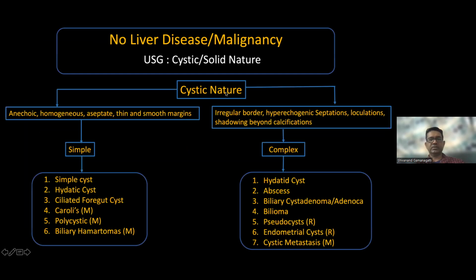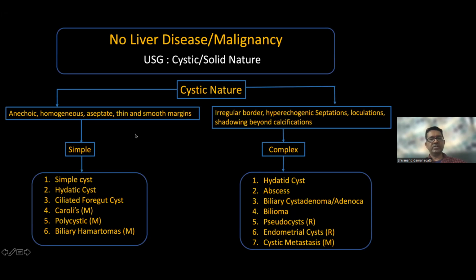Now, one by one, if the patient does not have any liver disease or underlying malignancy, ultrasound helps to narrow down further into cystic and solid. If it is cystic, you have to classify it into simple or complex, because for simple cysts the differentials are different, while for complex cysts the differentials are very narrow.